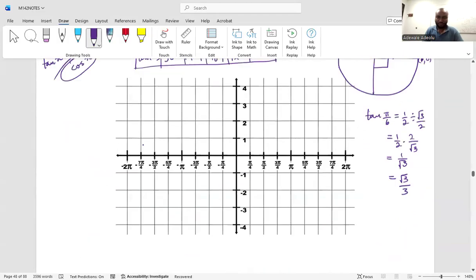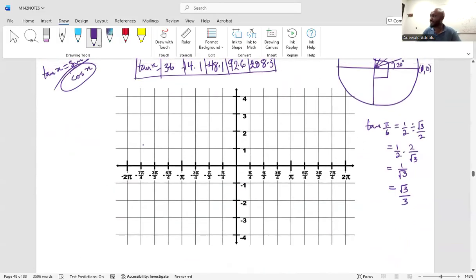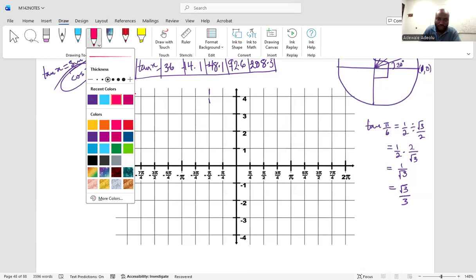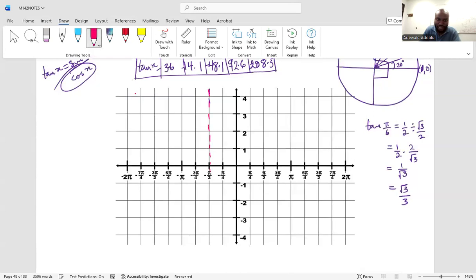And then it turns out that we know the behavior as we go closer and closer. Remember, we are going to have asymptotes at negative pi over 2 and pi over 2. I hope that is clear, because that is where cosine is 0. So we should have asymptotes there for tangent.